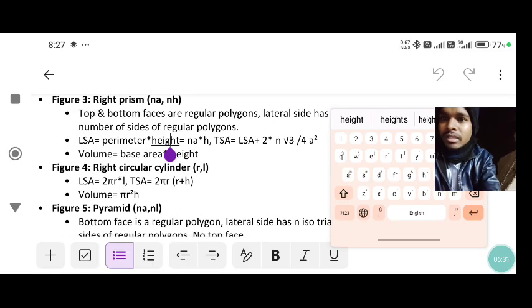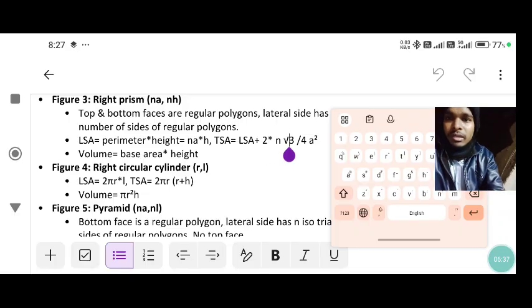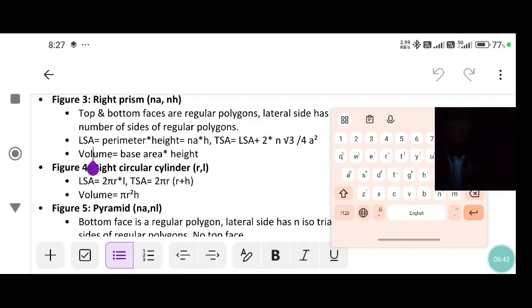Total surface area is lateral surface area plus 2 into n into the area of the triangles. Now talking about the volume, it is the area of base into height.